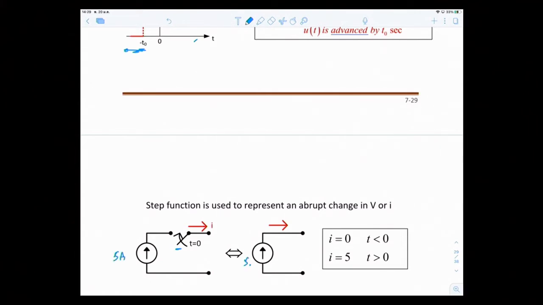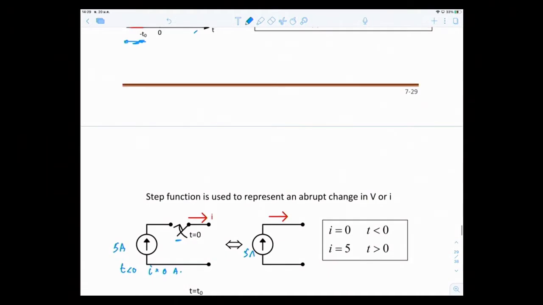In this case, you would write it down as: I is equal to 0 amps at t less than 0, because the switch is open. For t greater than 0, the switch closes, so 5 amps will flow. So I equals 5 amps. This is the picture with the switch.